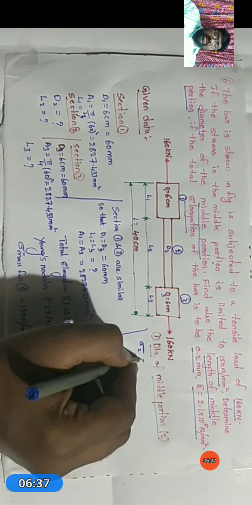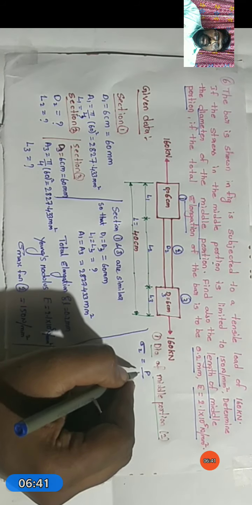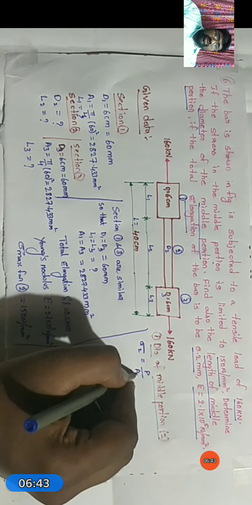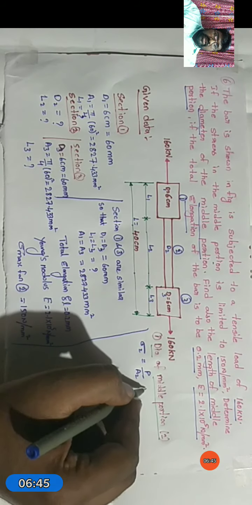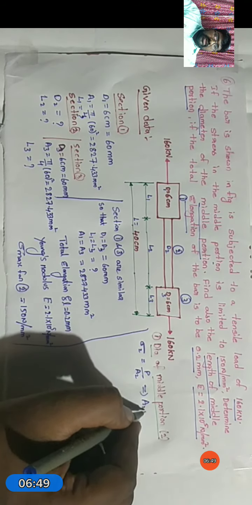Stress sigma 2 is equal to P by A2. By cross multiplying this equation, A2 is equal to P by sigma 2.